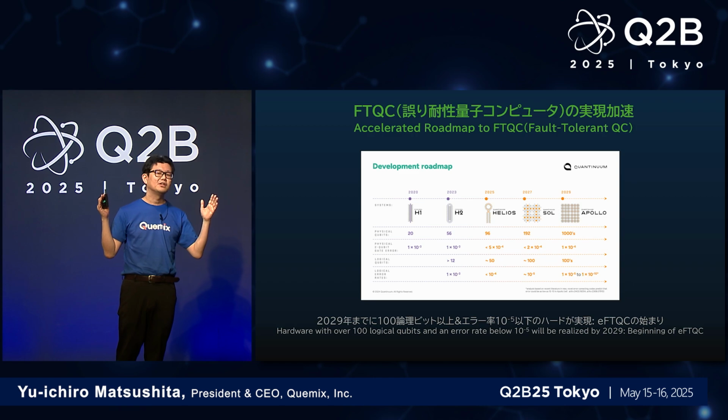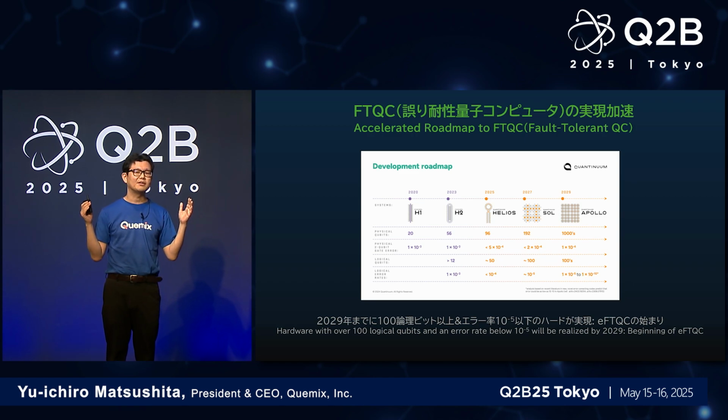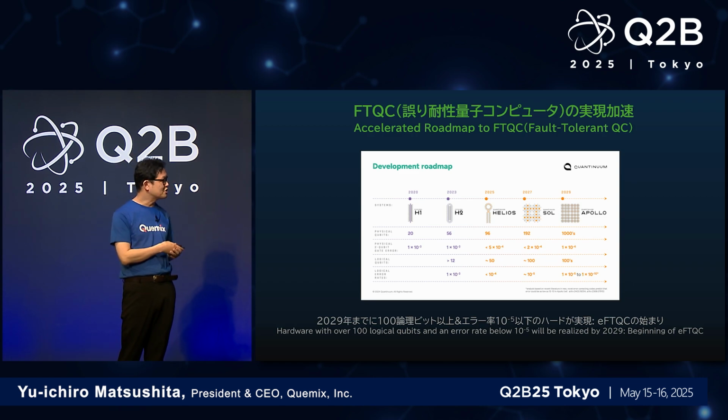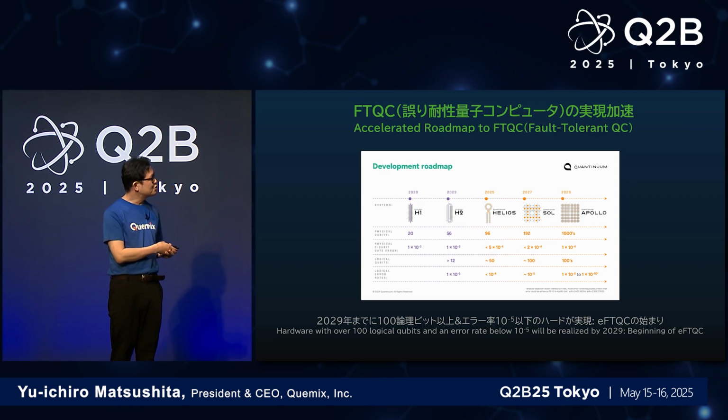Now, in the coming 5 years, what kind of quantum computer will come out? This is something I would like to think about here. The most important year is 2029.